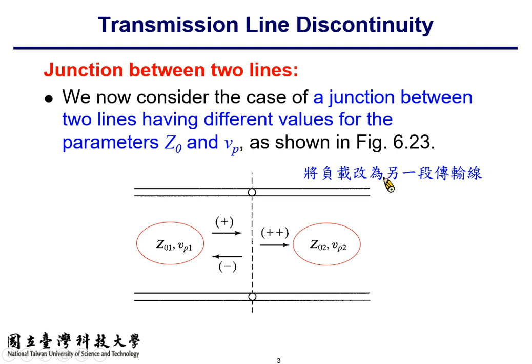Similar to the case that we have seen for termination, in order to satisfy the boundary condition, that is, the total voltage on the left-hand side should equal the total voltage on the right-hand side, and the total current on the left-hand side needs to be the same as the current on the right-hand side, we will observe the so-called reflected wave as well as the transmitted wave.